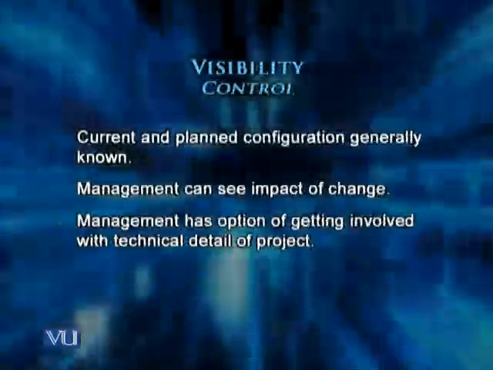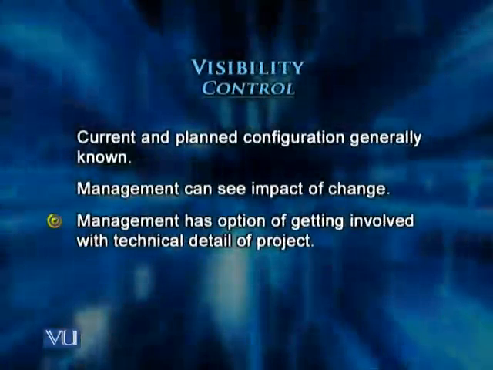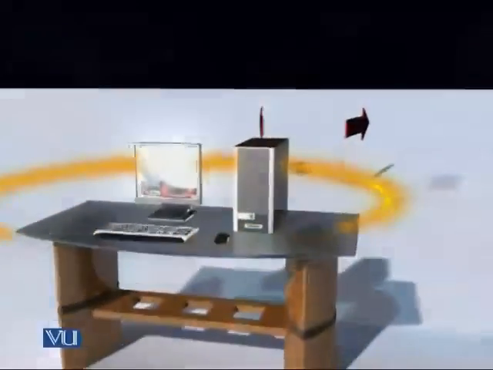And that is why the visibility of the work product, or of the configuration item, improves significantly. And management has the option of getting involved with technical details of the project if they feel it is necessary, because all the changes are being published through the reporting mechanism.